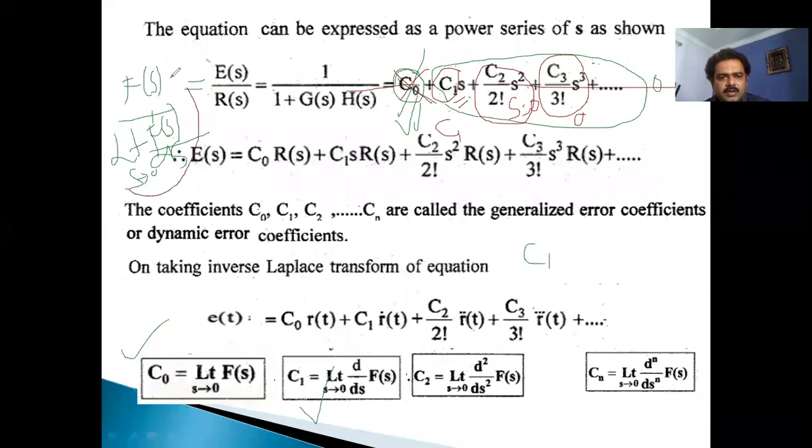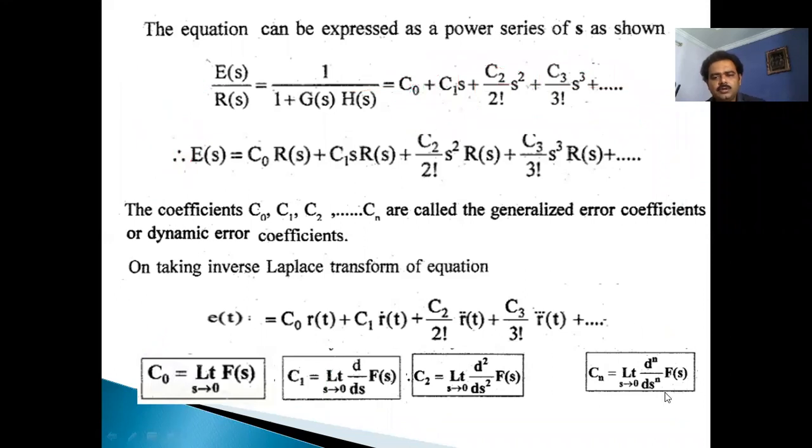So from this, we can find out the generalized quotient. We can write the formula: C1 can be obtained by limit s tends to 0 d by ds of F of s. Similarly, for the nth quotient, Cn is equal to limit s tends to 0 d to the power of n by ds to the power of n, the nth derivative of F of s. Is it clear? So like that we can find out generalized error coefficients.